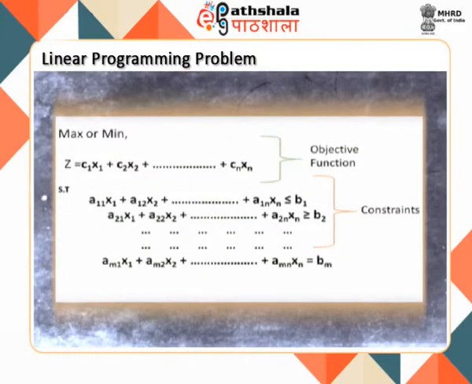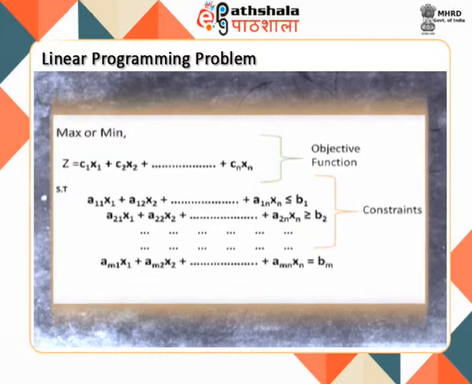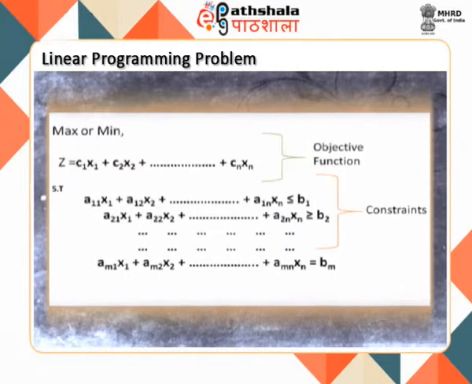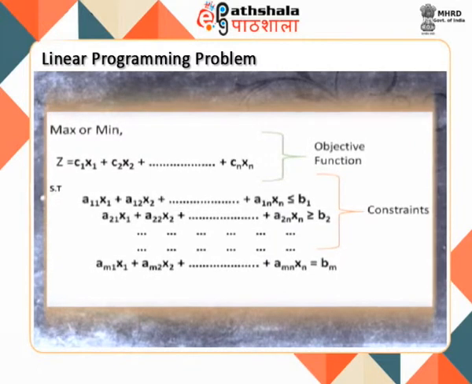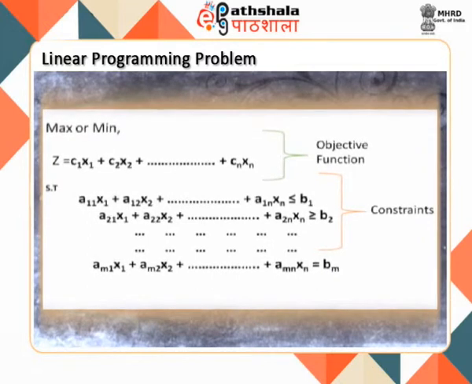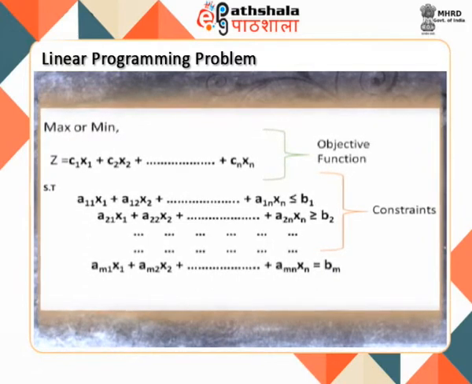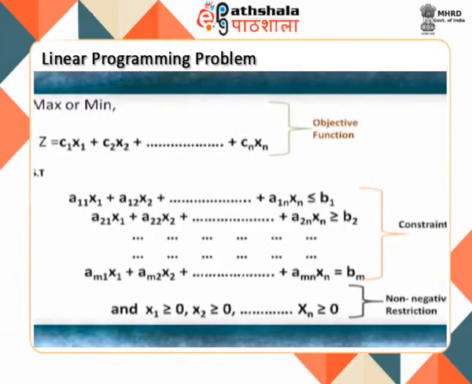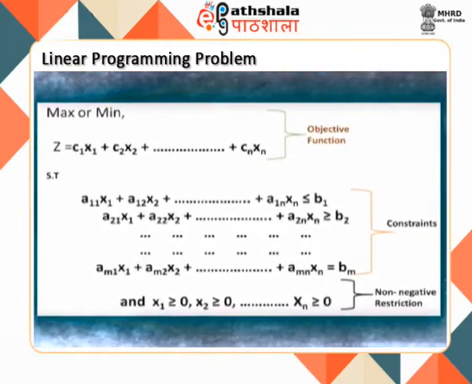In this equation, c1, c2 and so on till cn are called cost coefficients. The aij are called substitution coefficients. b1, b2 till bm represent availability or requirements of m constraints. The non-negativity restriction implies that the xj's must be non-negative.